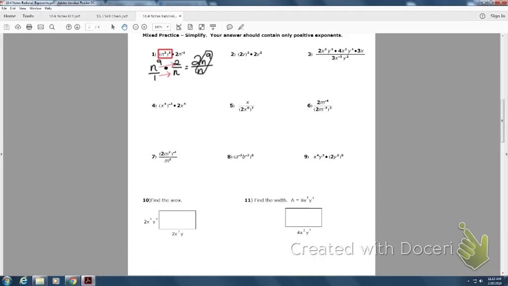I'm dividing like bases. So Alexis, what do I do with the exponents? If I divide like bases, what do I need to do with those? Subtract them. 9 minus 1 is 8.